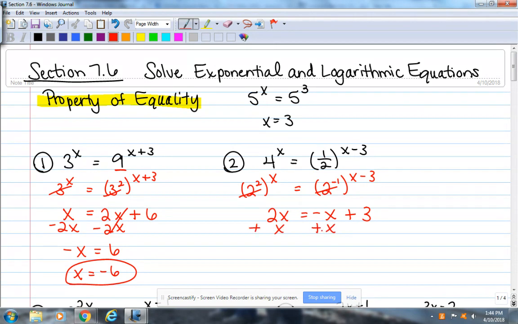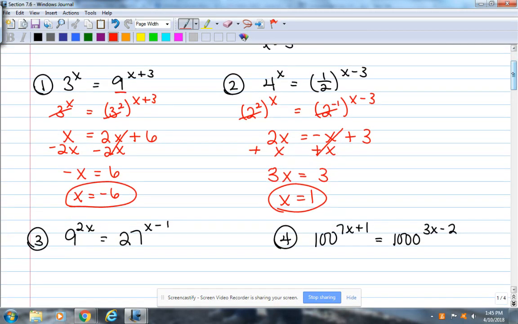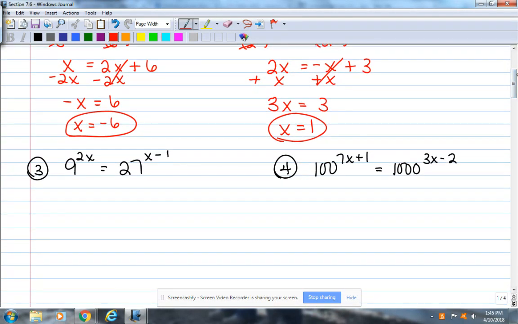What's 2x plus x? 2 plus 1 equals 3, kindergartners. And how do I solve that for x? And what's 3 divided by 3? x equals 1. So that's that. Okay.